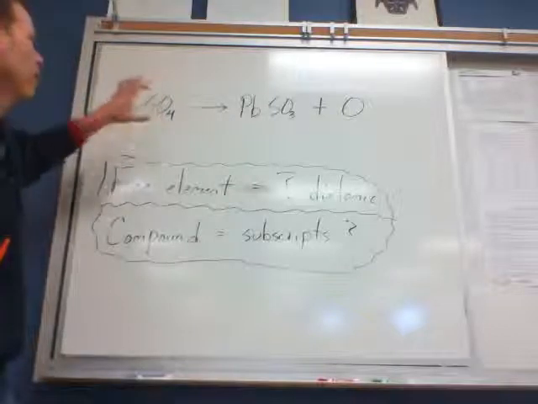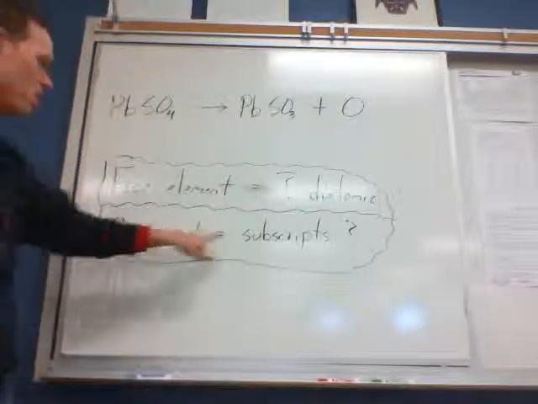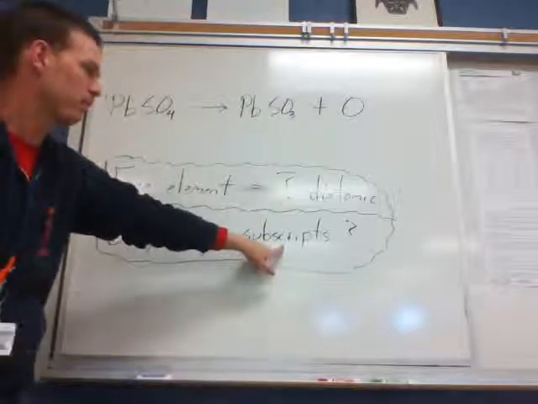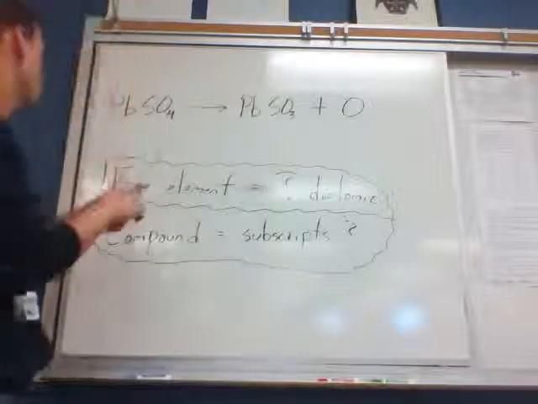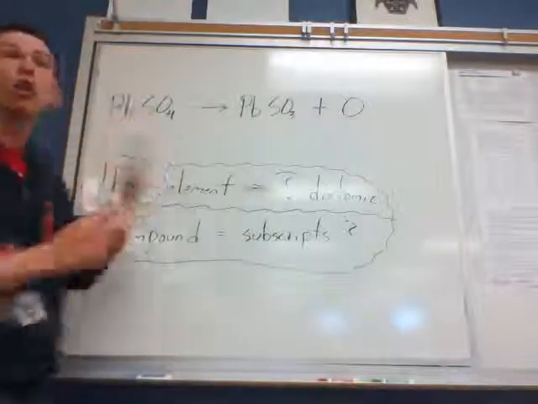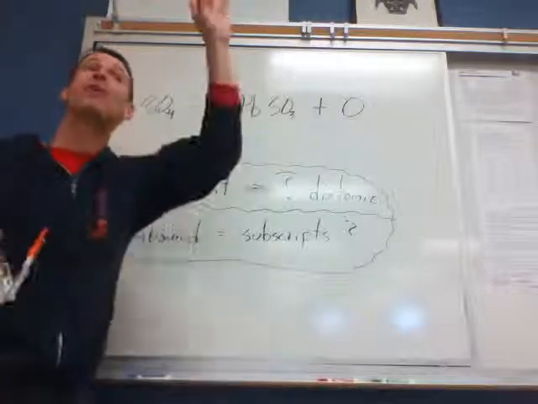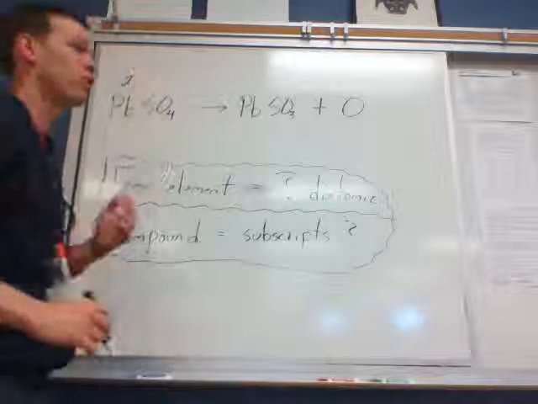Is this a free element or a compound? That's a compound, a bunch of capital letters. We're supposed to check the subscripts. There were no prefixes, mono, di, tri, tetra, so we need to crisscross charges. What is lead's charge here? It's 2. If you look at your periodic table, you don't have a number written above lead's group. This lead has a charge of 2.